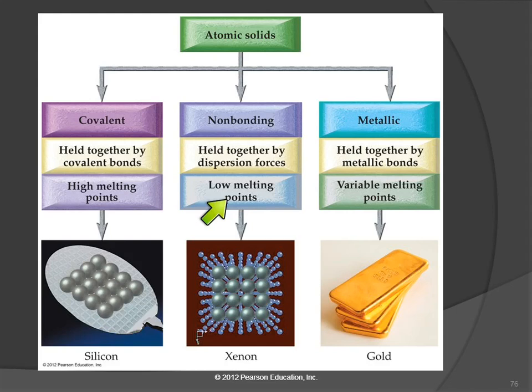So these are going to have very low melting points. Solid xenon is an example, but that is a solid only at very, very low temperatures. And then we have metallic atomic solids. These are held together by metallic bonds, and these have varying melting points. So we look on the periodic table, and what's one of the odd things about mercury?